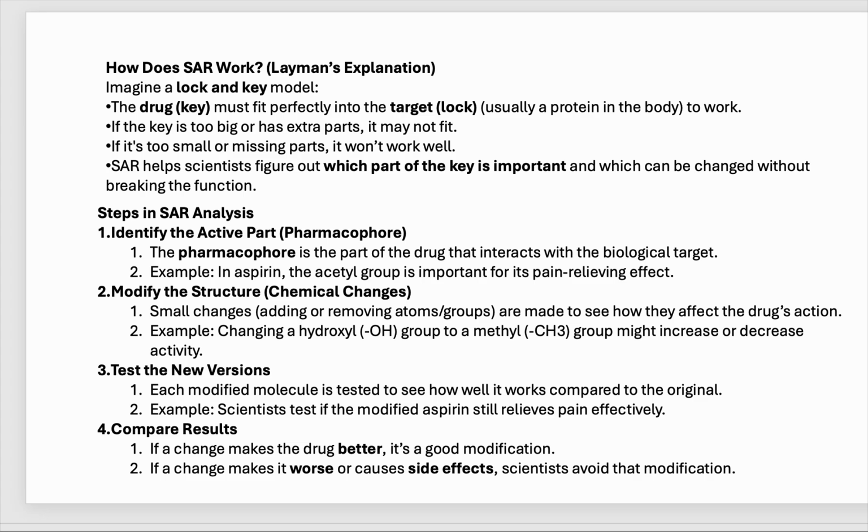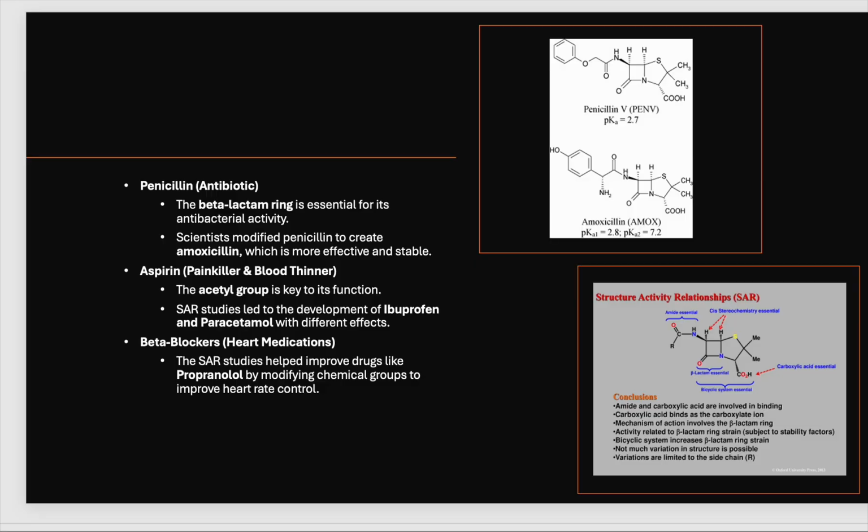Is it 10, is it 12, better than the one that we had before, or is it lower? So changing and tweaking bits of it, and then trying to compare it with the original one, and then you compare the results to see which one is the better drug and which kind of modification is working in favor of the molecule, whether it's making it an even better drug, or whether it's decreasing the efficacy of the drug. So that's how they do it.